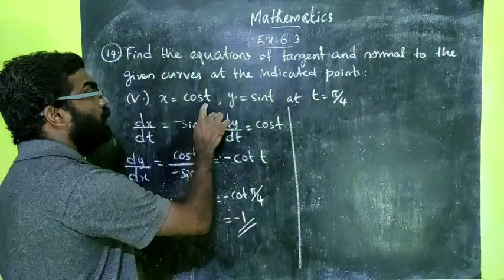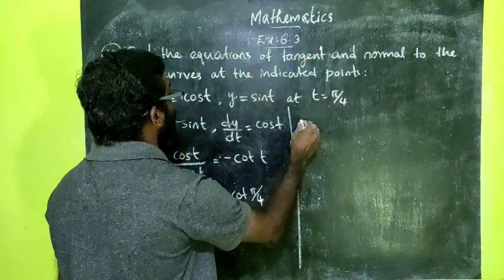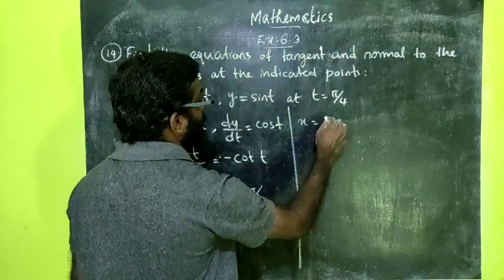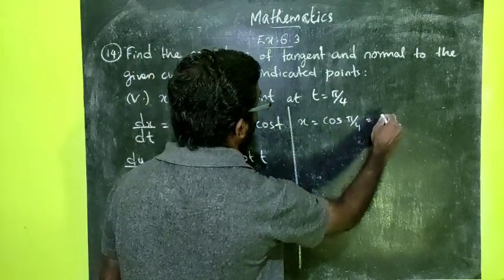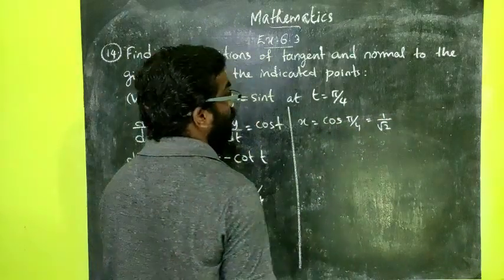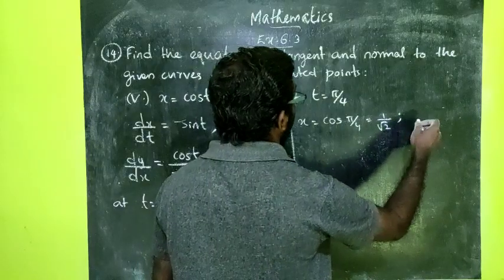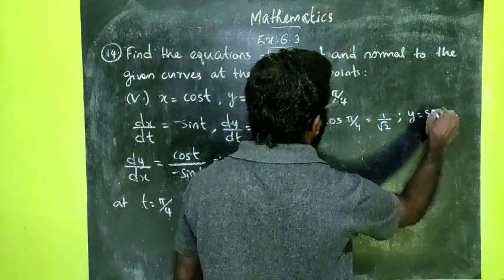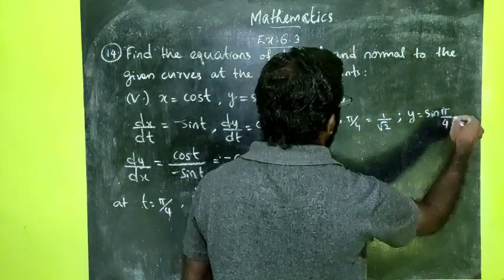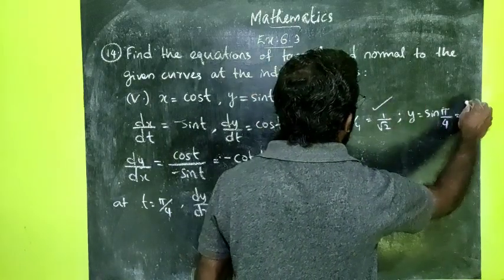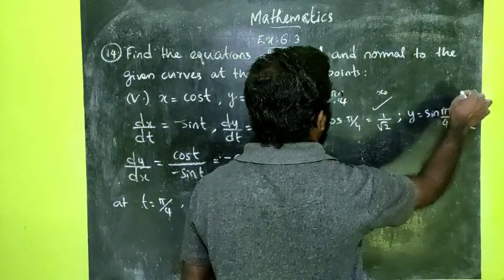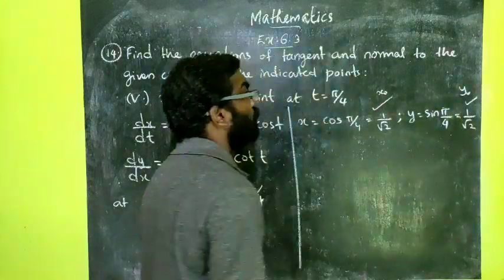Here x is cos t and t is pi by 4. So x is equal to cos pi by 4, which is equal to 1 by root 2. And similarly, y is equal to sin t, that is sin pi by 4, which is equal to 1 by root 2. So these are the values of x0 and y0.